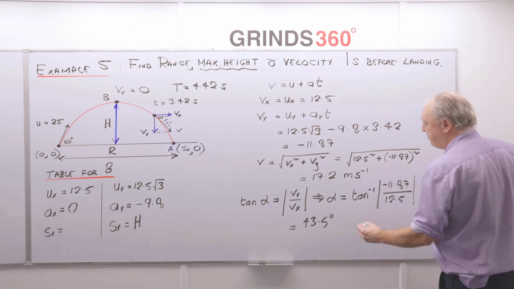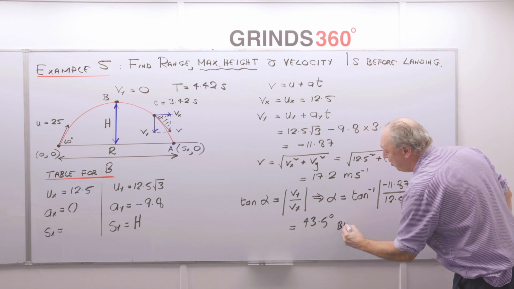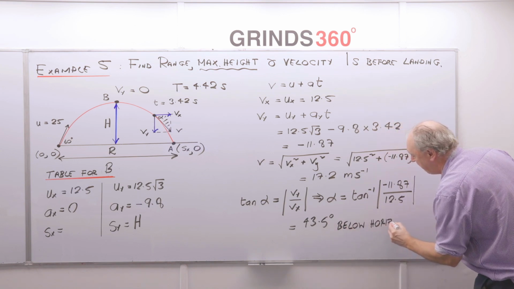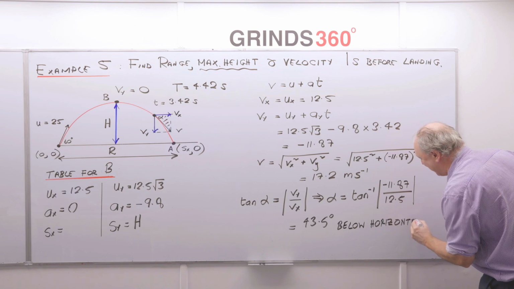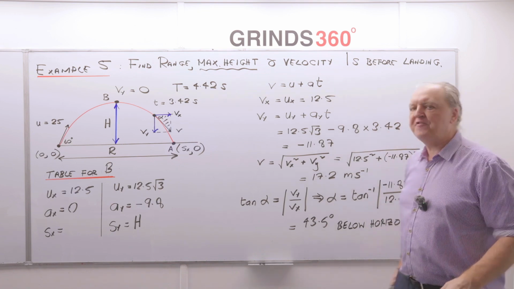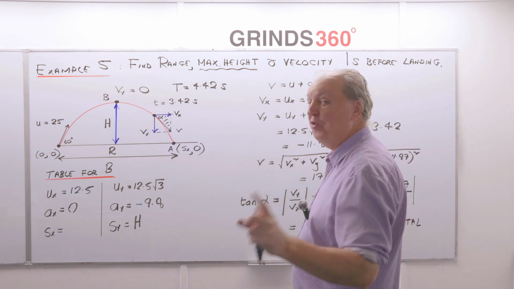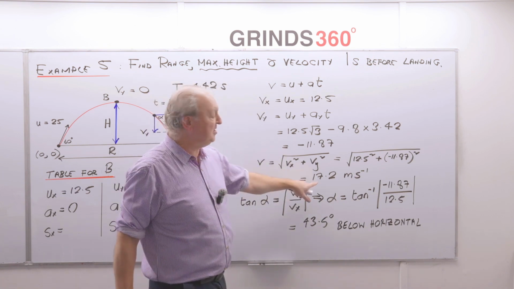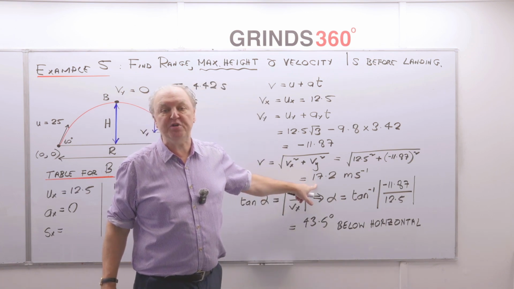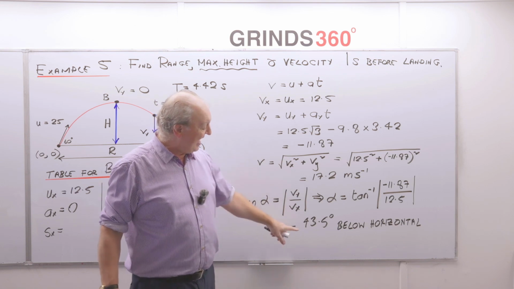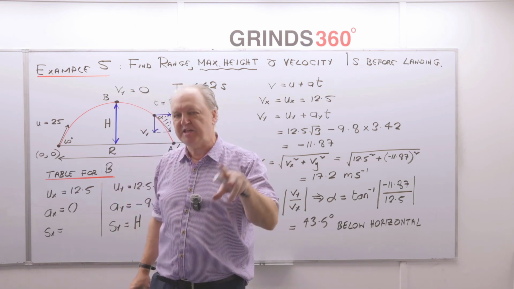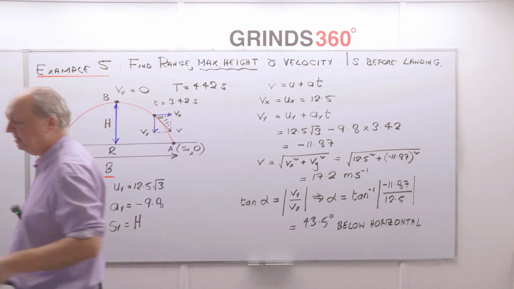So you'll say 43.5 degrees below the horizontal. You've got to specify what the angle is in relation to. So therefore now the full velocity 1 second before landing is moving at a speed of 17.2 meters per second at 43.5 degrees below the horizontal. That's a nice part to that question.